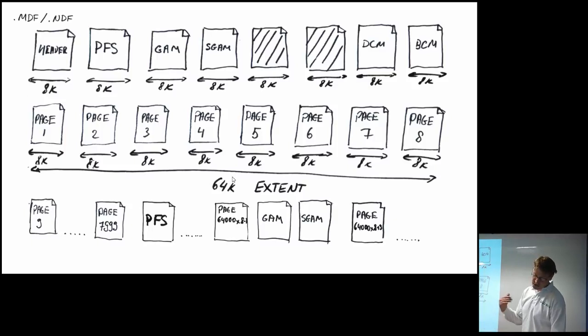So the important thing to take away from this is the fact that everything is stored in 8 kilobyte chunks, and each chunk basically represents a bit of data that relates to a specific table. And those things can be spread across your database file completely randomly.